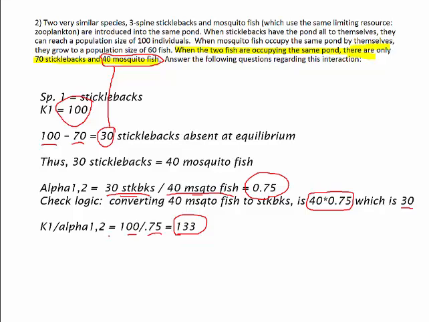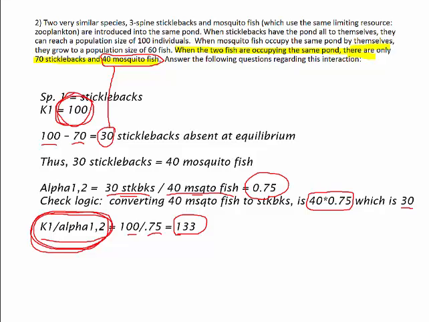Okay? So this value here, K1 divided by alpha 1,2, is the other number that we need in order to map the ZNGI for species 1. So we've got the two ends of that ZNGI line. We've got the K1 up here at the top, and we've got the K1 divided by alpha 1,2. So we would be ready to graph this ZNGI when we're ready to graph.